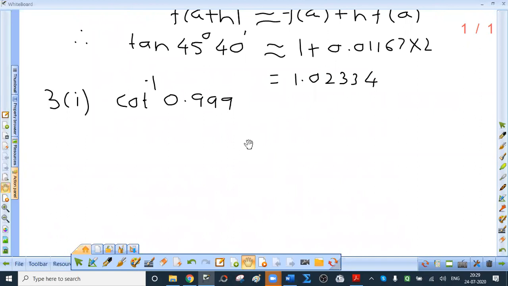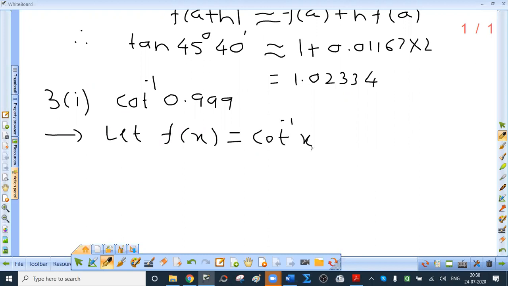Now if you have finished the solution, third sum, first part, cot inverse 0.999. So I say let f(x) be cot inverse x. So what is f dash of x? What is derivative of cot inverse x?